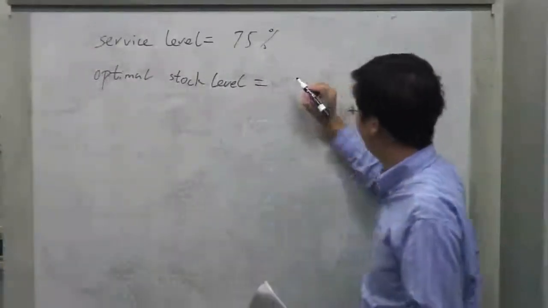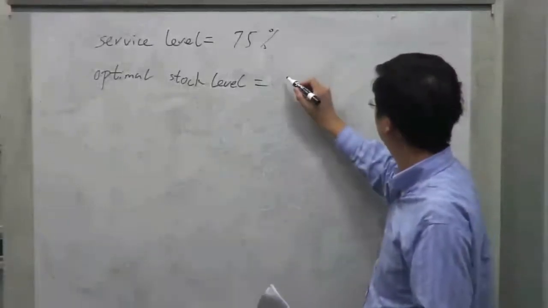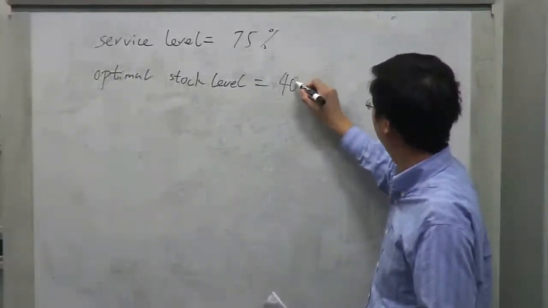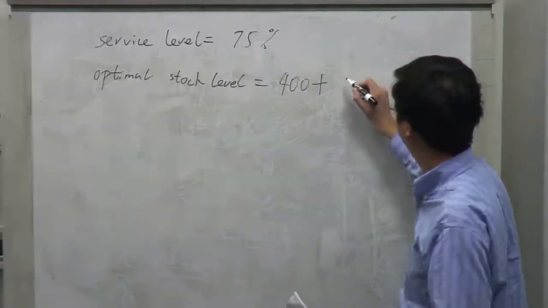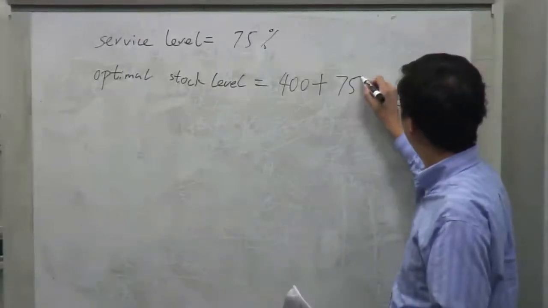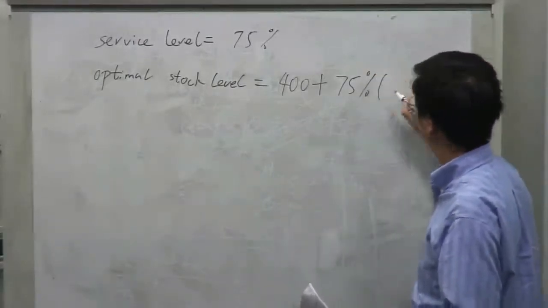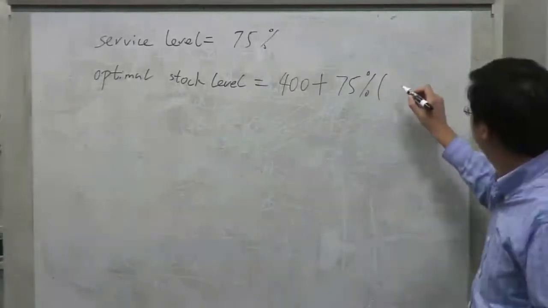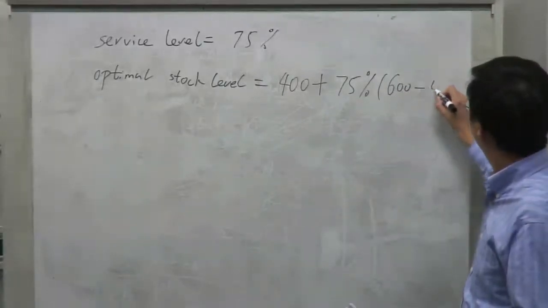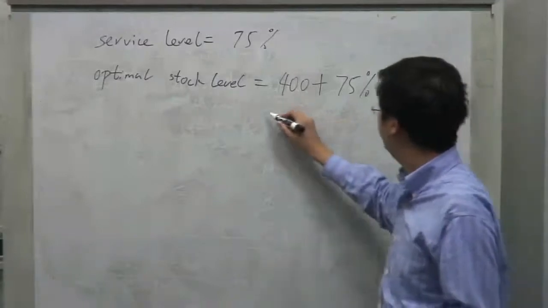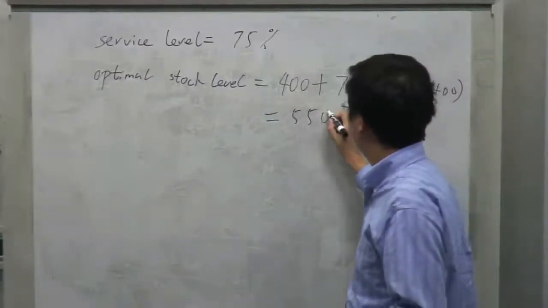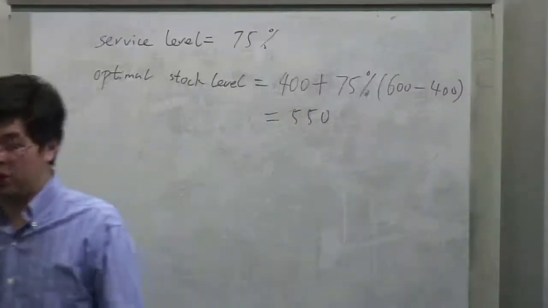You take the minimum, which is 400, and then add the service level, 75%, multiplied by the difference between the maximum and the minimum. Great. And then you get 550. That's correct.